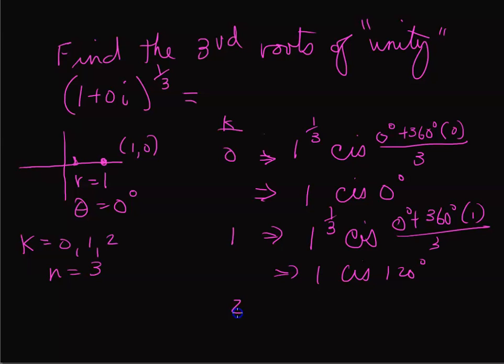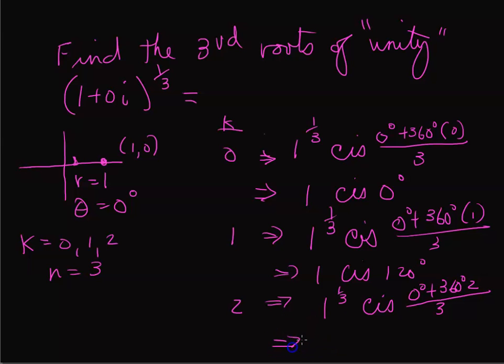And when k is 2. So it's still 1 to the 1/3 power. Cis. It's 0 degrees plus 360 degrees times 2, or 720. So let's see here.